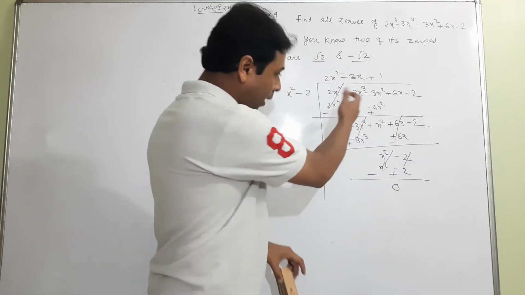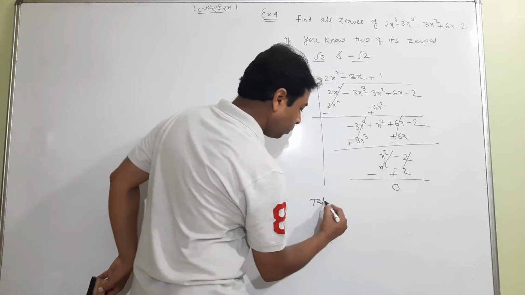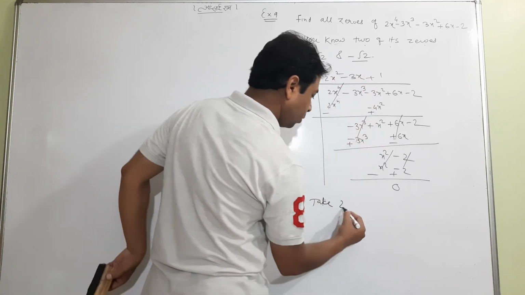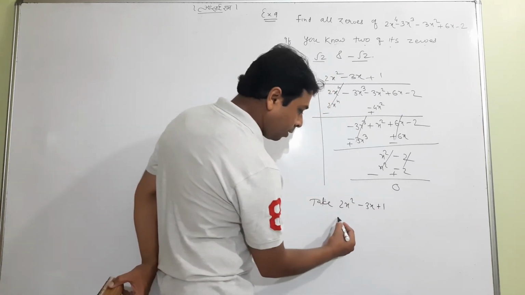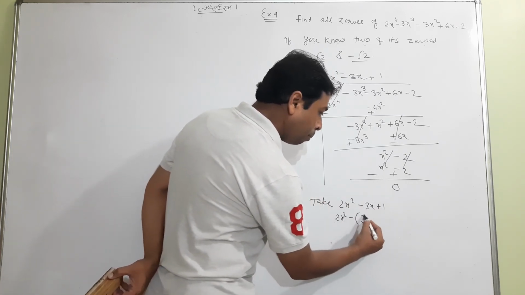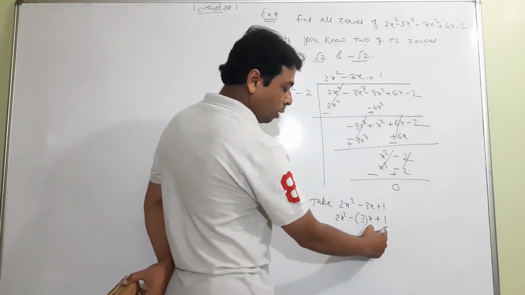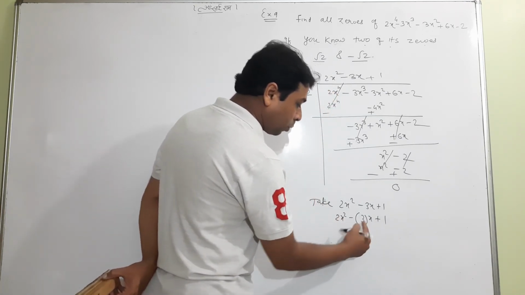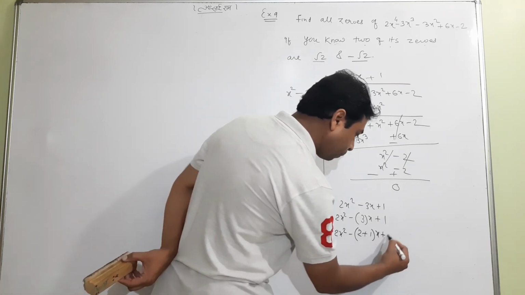So now after this I'll write here, take this one, 2x square minus 3x plus 1, and now I'll use middle term splitting. What is the middle term splitting? 2 ones are 2, multiplication should be 2 and addition should be 3, and that's very important: 1 and 2, 2 plus 1.